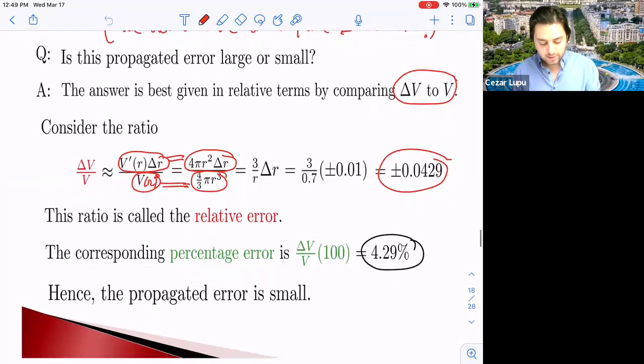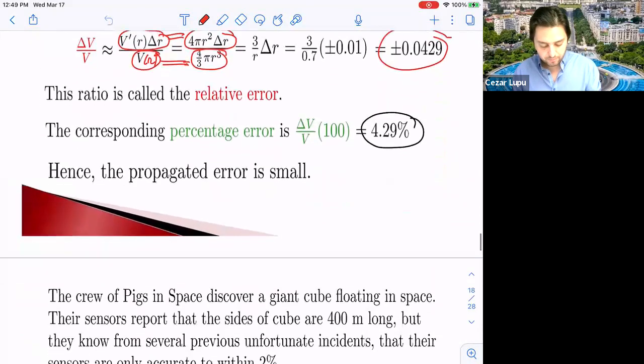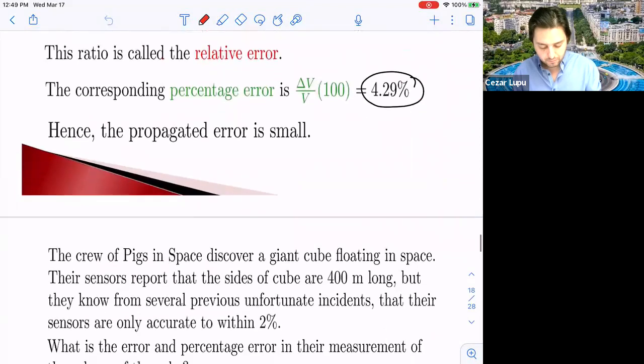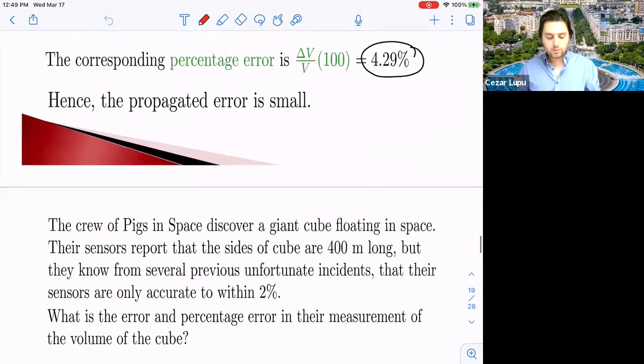Okay, now let's see another application. Let me read this problem. It says the following: the crew of pigs in space discover a giant cube floating in space.